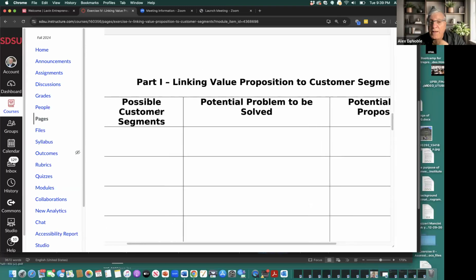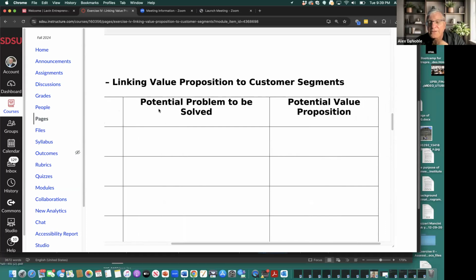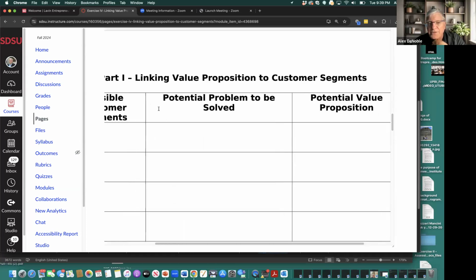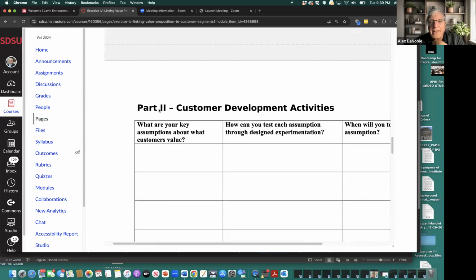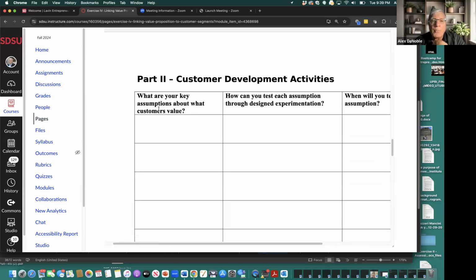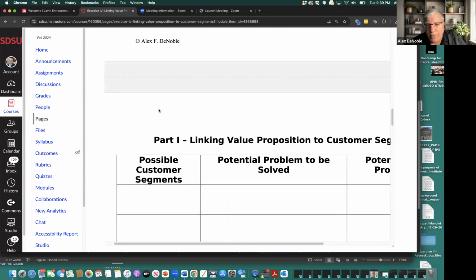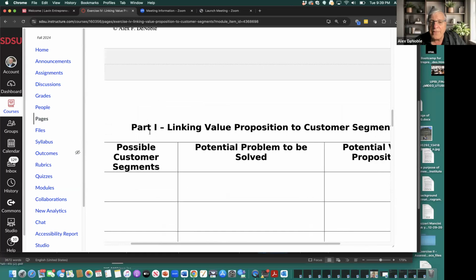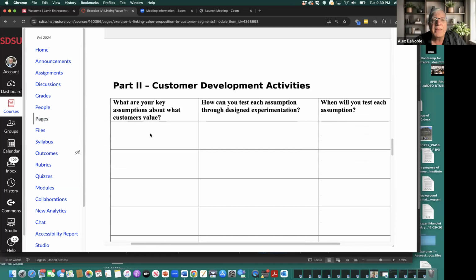identify the problem that each of these segments might have so that you can identify a potential value proposition for them. And so part 2 is customer development activities. You've got to verify this. That's evidence-based entrepreneurship, validation.